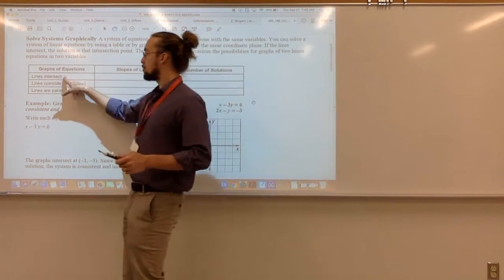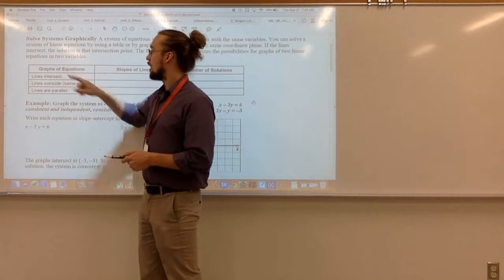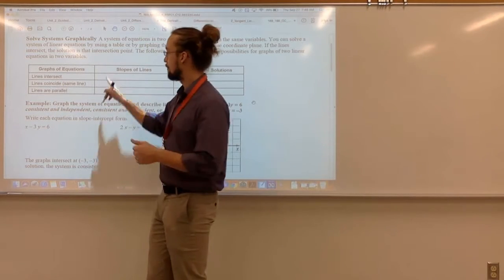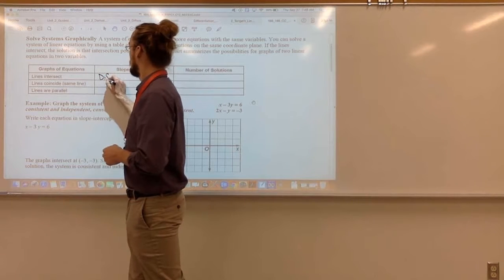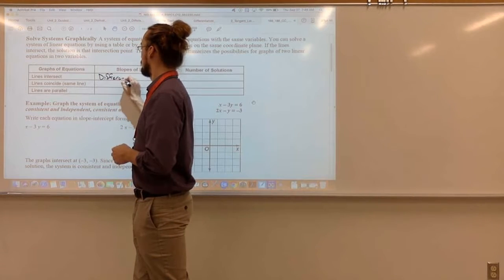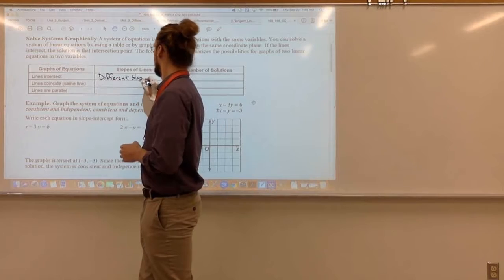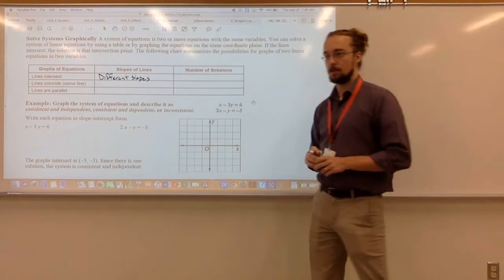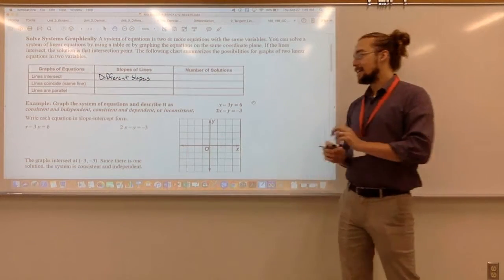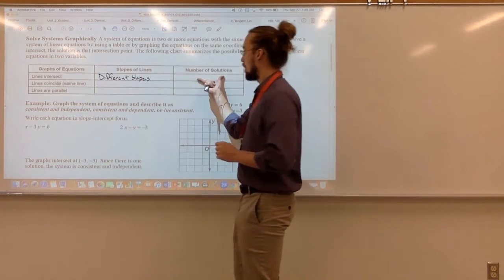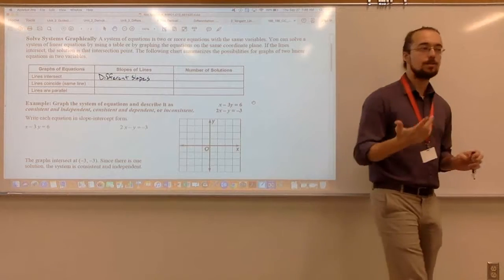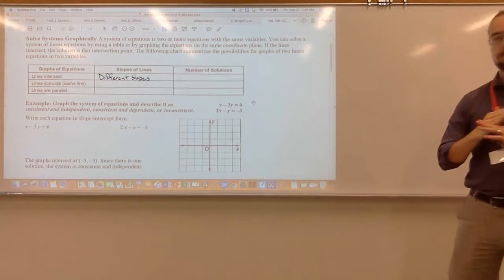The lines could intersect. If the lines intersect, I know that they have different slopes. And if those lines intersect, how many points of intersection am I going to have?